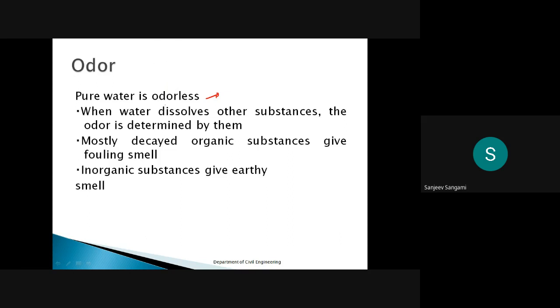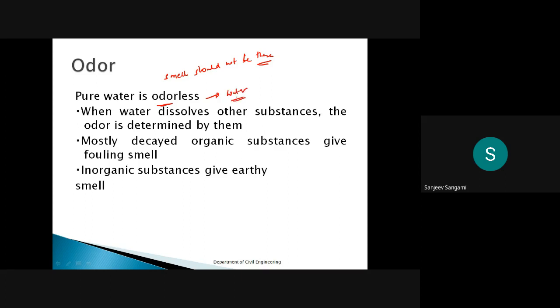It should be odorless; no smell should be there. If it is giving any smell, then you can directly reject that water.